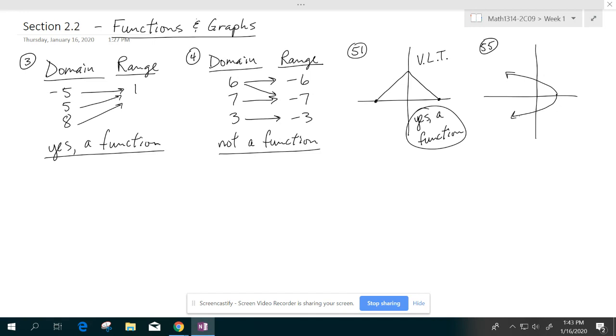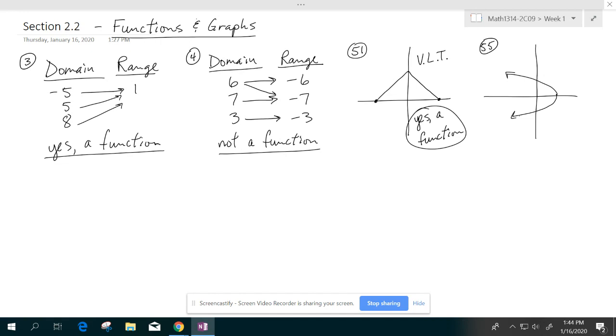So looking at this graph, is there somewhere that I could draw a vertical line that would touch more than one time? Yeah, well, actually, the y-axis would, right? Do you see the y-axis? That's a vertical line that touches more than one time. In fact, there's a lot of places.